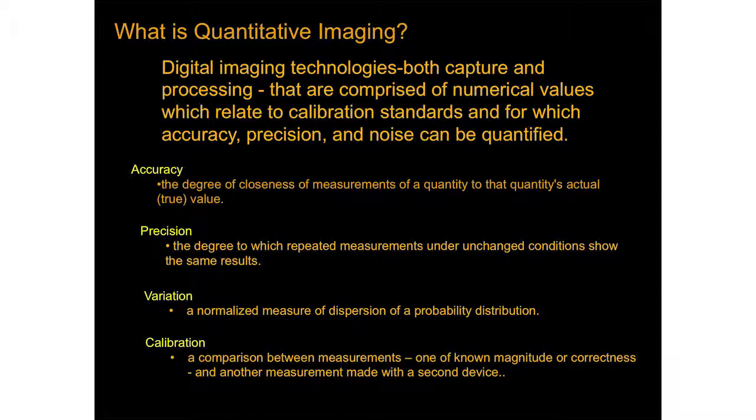So accuracy, again, precision, variation, and calibration are the keys to moving qualitative imaging into the quantitative sphere and allowing us to actually have measurements that we can save, that we can use, that we can record true physical states of works of art, artifacts, and buildings, and measure rates of deterioration over time using these techniques.